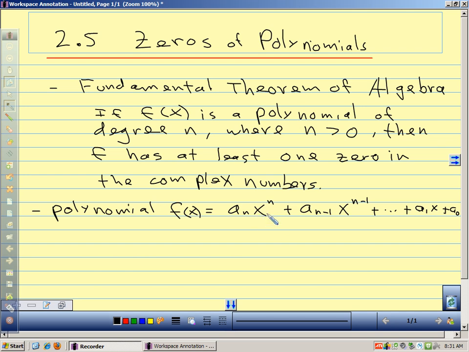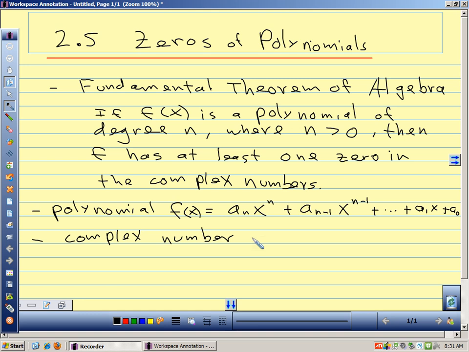the complex numbers. Now, a real number is still in the complex numbers. So remember, a complex number is something in the form a plus bi. So if b is 0, we still have a complex number.